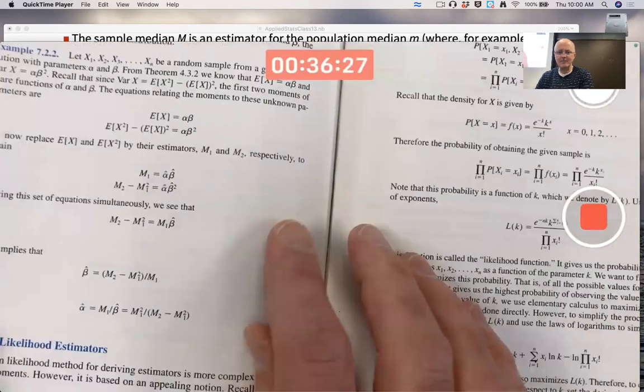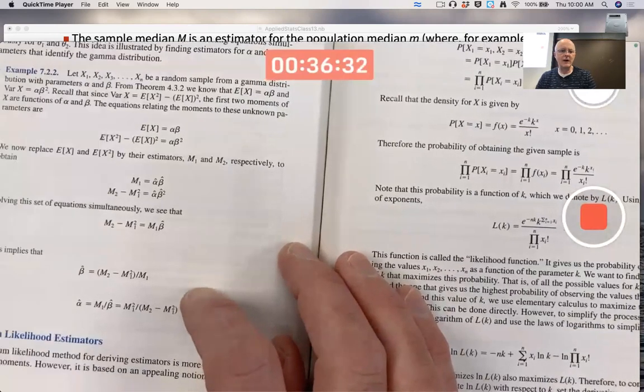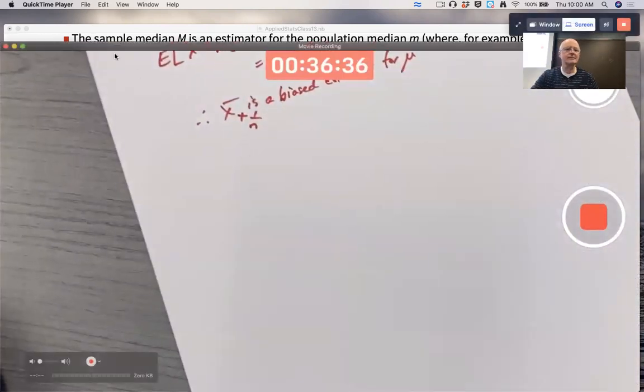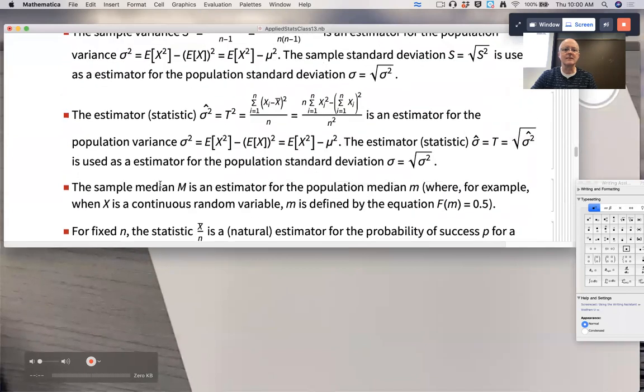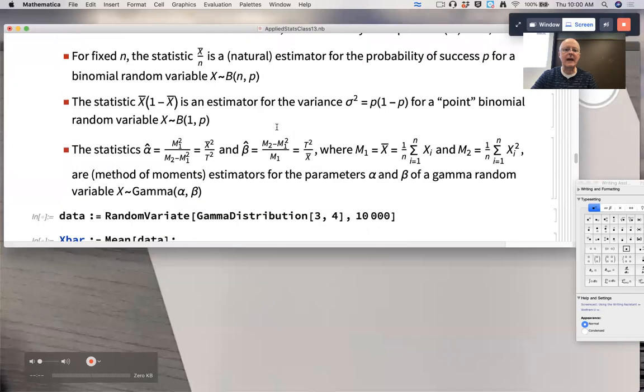Algebraically solve for alpha hat and beta hat, you get these things, which is what I have in the Mathematica notebook. I also wrote these things in terms of t squared, where t squared was this thing up here. You're trusting me that I can do that.